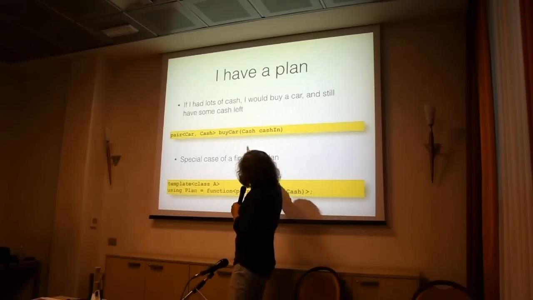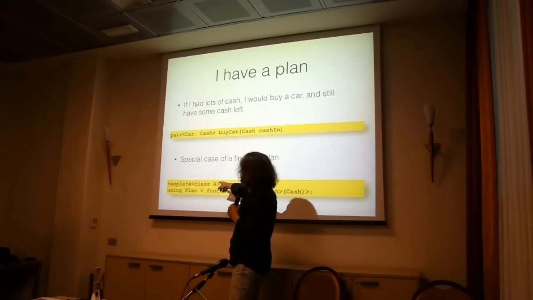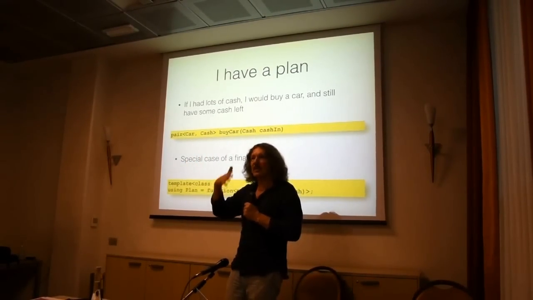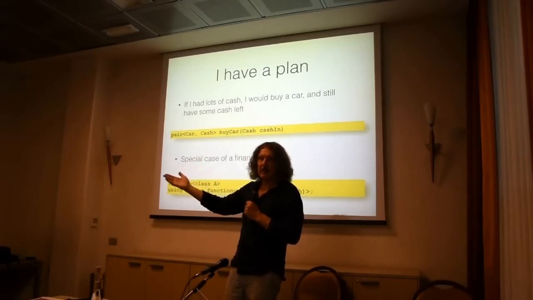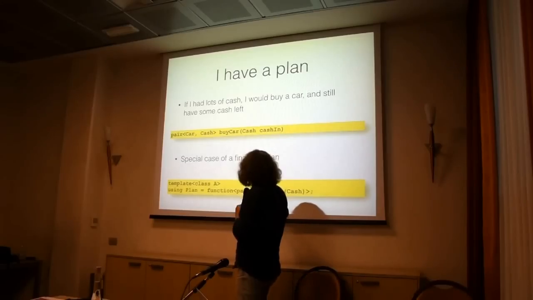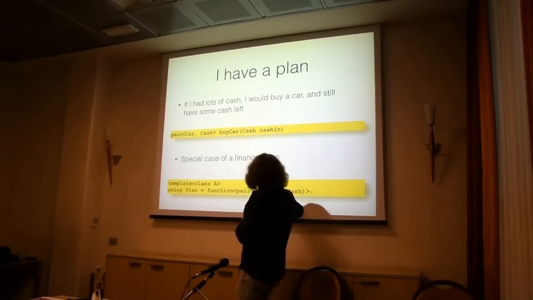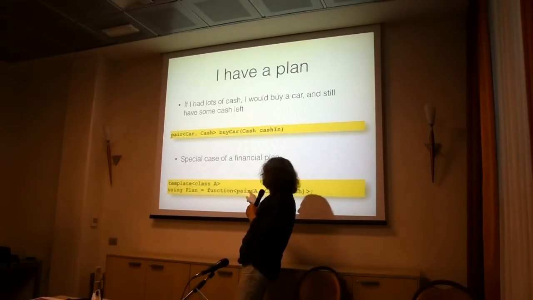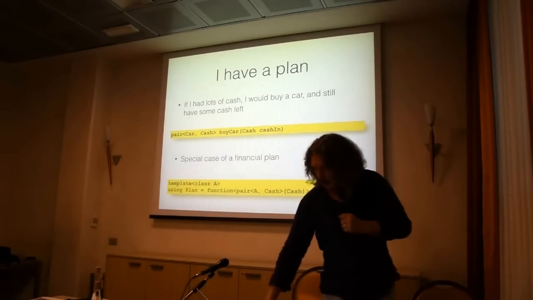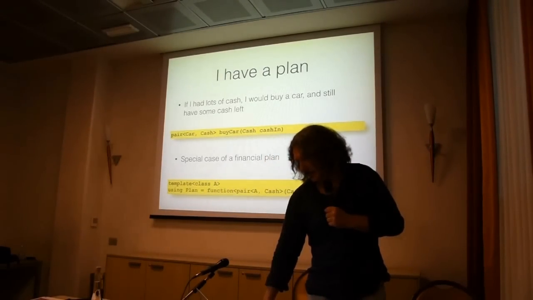So this is a generalization for any object, A, instead of car. It's a template that's based on object A. I can have plans to produce different things. I can have a plan for a car. I can have a plan for a trip around the United States, and so on. All these plans have the same form. These are functions that take cash and return a pair, A and cash. So that's my general financial plan data structure.